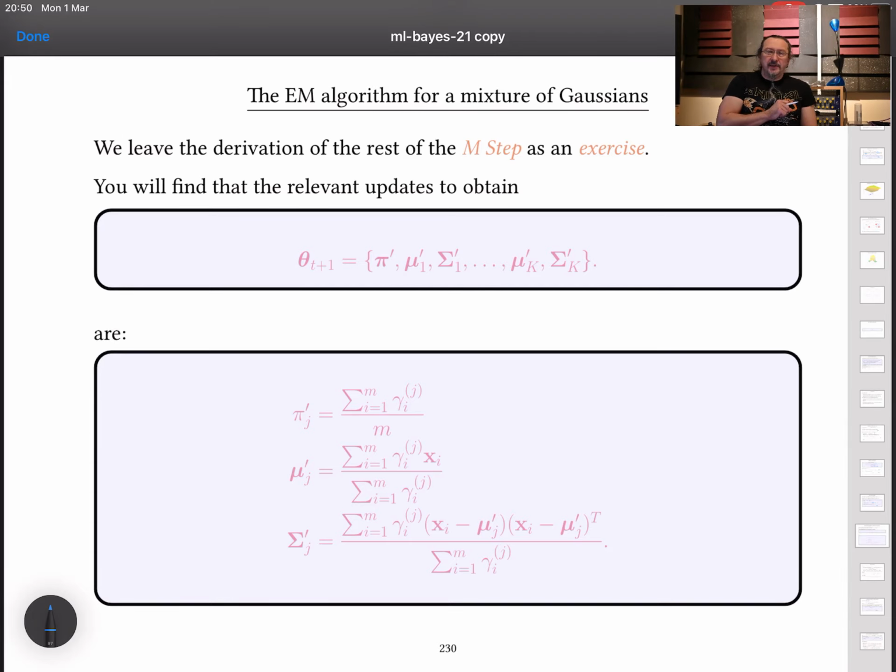So, that is a lightning introduction to the EM algorithm. And what you have on this slide is a bunch of update equations, which you can iterate in order to fit clusters to data. The EM algorithm is way more applicable than this.